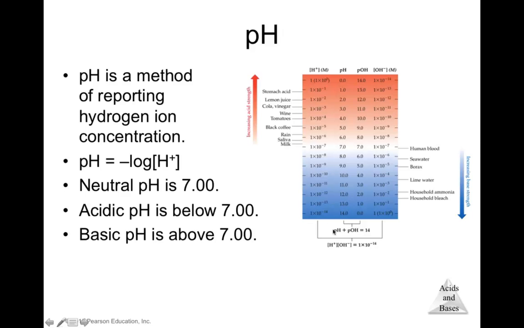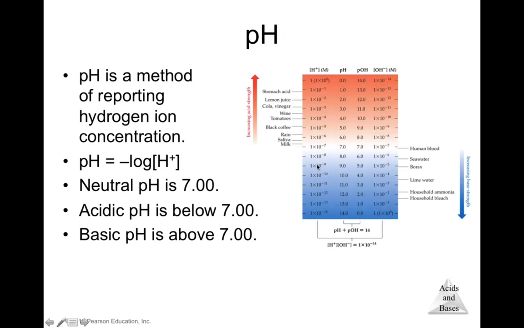So the pH plus the pOH is going to be equal to 14. Also, if you multiply 1 times 10 to the minus 4 by 1 times 10 to the minus 10, this is going to be equal to 1 times 10 to the minus 14.